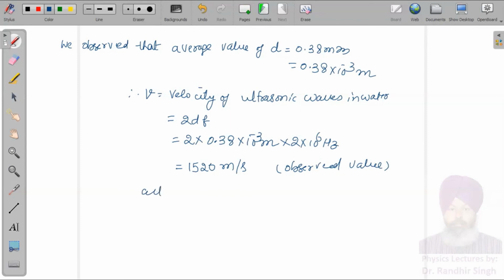So the actual value is 1500 meter per second.